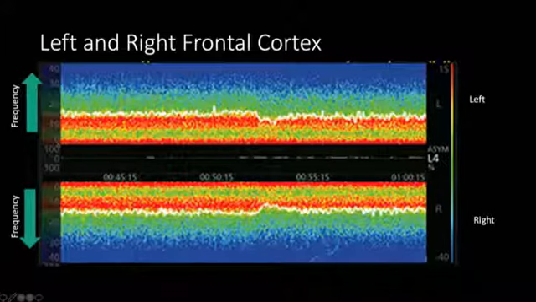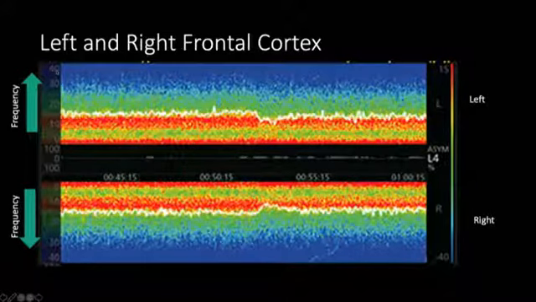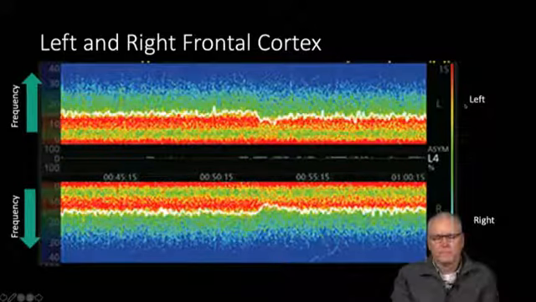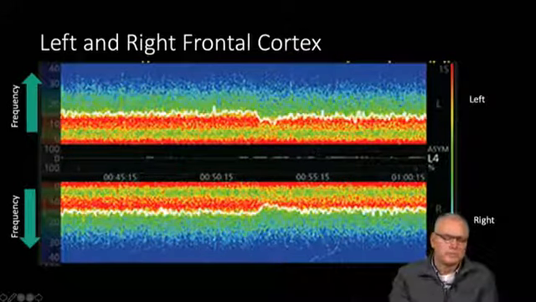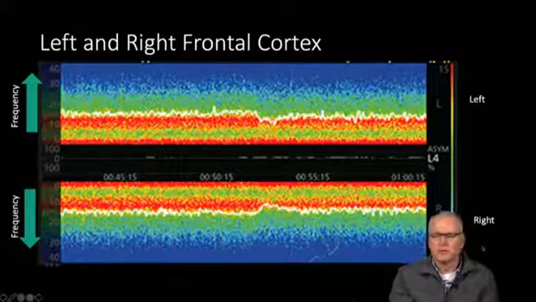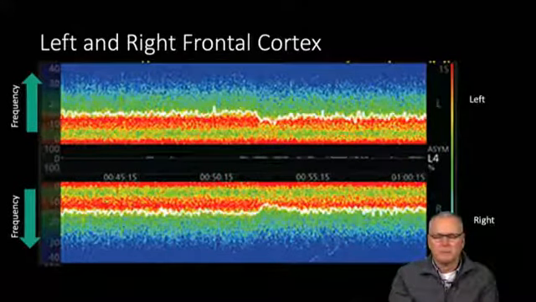In other words, the frequency here goes from 0 to, in this case, 40 hertz, and then 0 down to 40 hertz, over time. This is the right side of the brain, this is the left side of the brain, and this is time. So when you turn on the monitors, they typically present this kind of data.